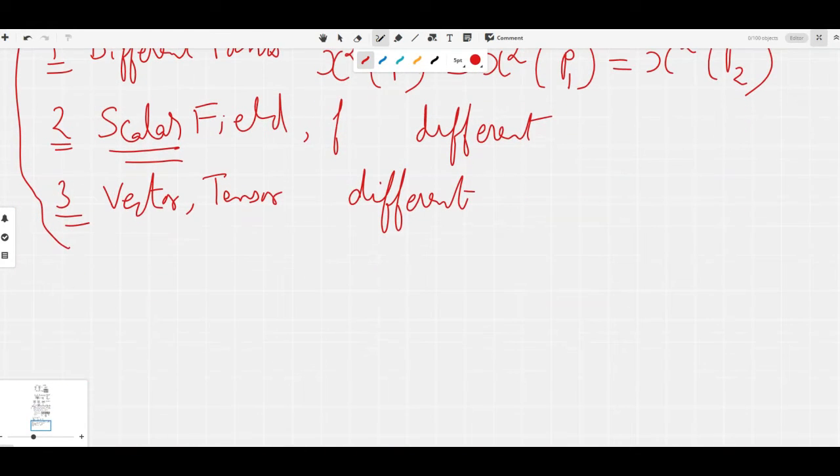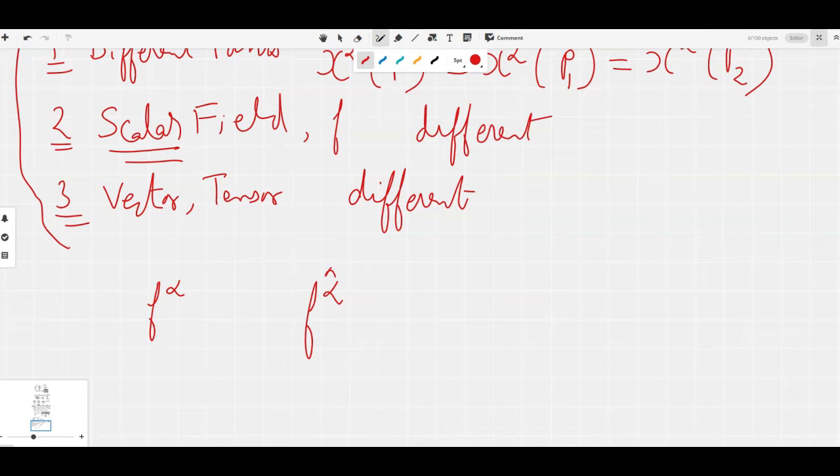Let me write this again. Let me write this time for a simpler case, the case of a vector. Say we have a vector f alpha, and its value in gauge 1 is given by f alpha caret.